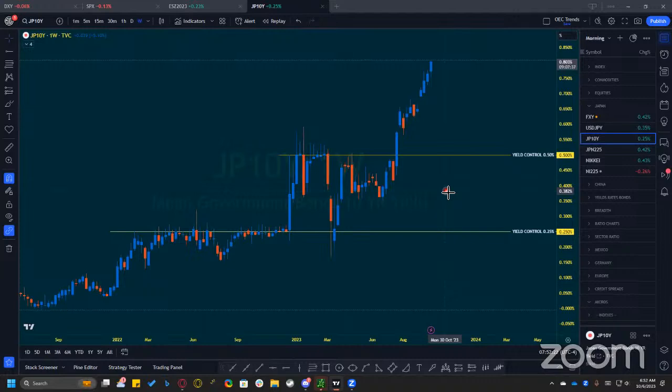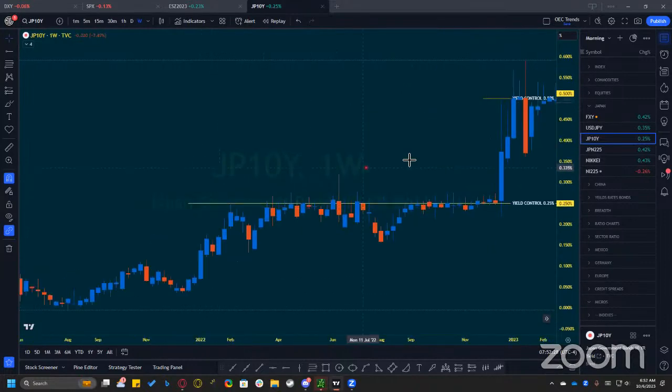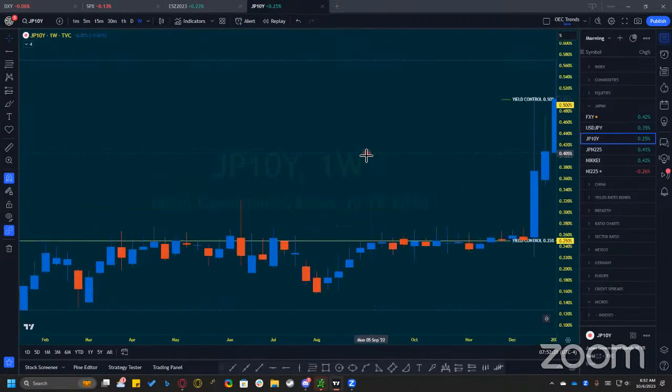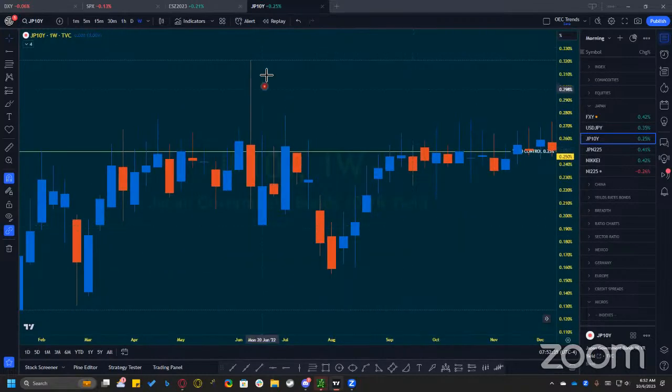But that's the level. We can see back in 2022 when they were still running their yield control at 0.25%, they did a pretty decent job of keeping it at that 0.25%, right? It would get a little high now and then, and it dropped down a little low, but for the most part, it was holding that 0.25%.